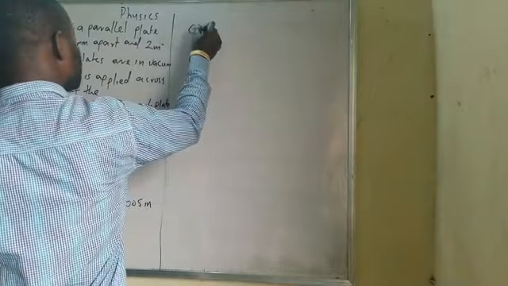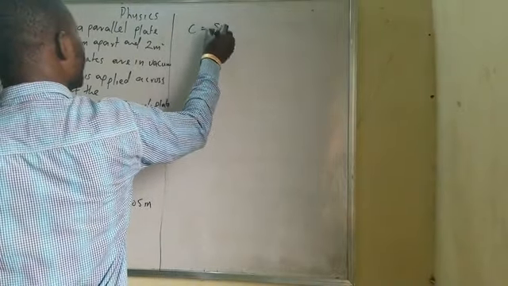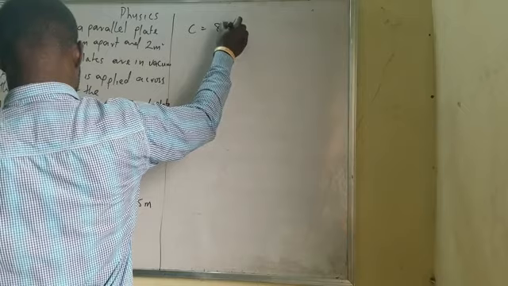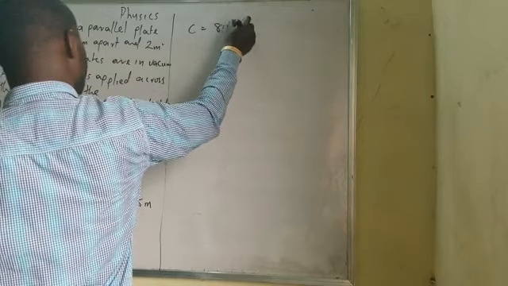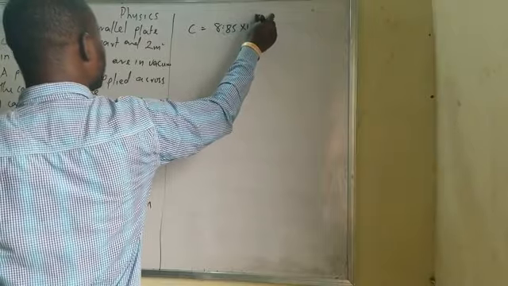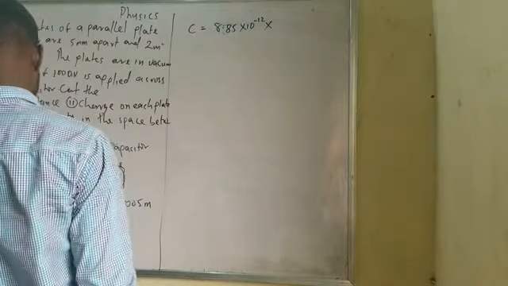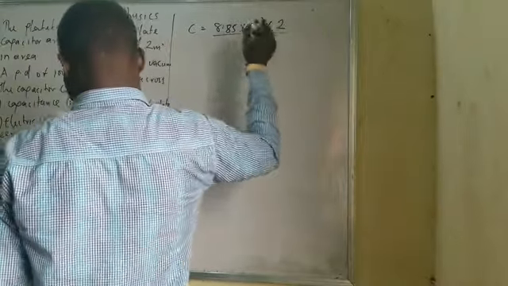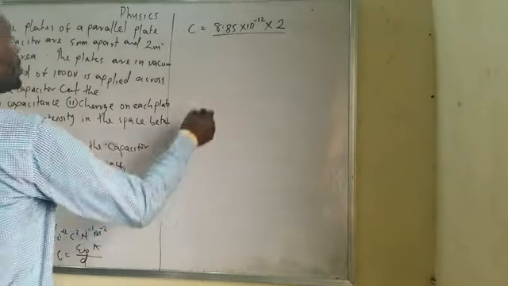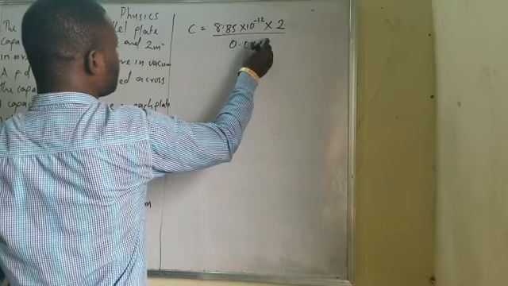My capacitance will be equal to 8.85 multiplied by 10 raised to the power minus 12, multiplied by my A, which is the area, 2, divided by my distance, 0.005.